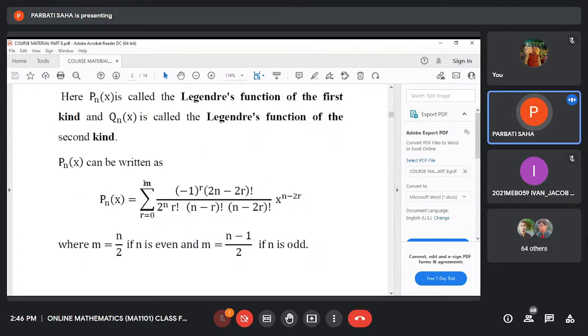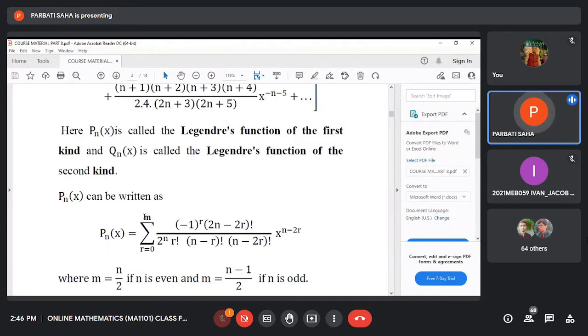Here this m is n by 2 if n is even. Actually, m denotes the number of terms in this series, and that number must be an integer. So if n is even, then m equals n by 2, and if n is odd, then the number of terms m is given by (n minus 1) divided by 2.